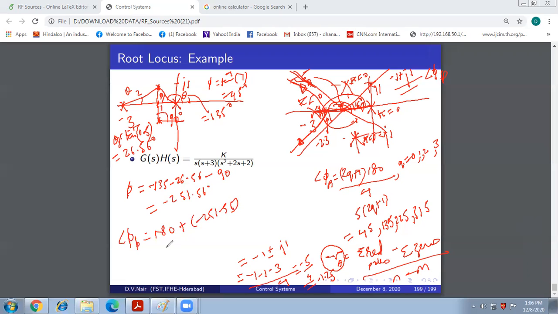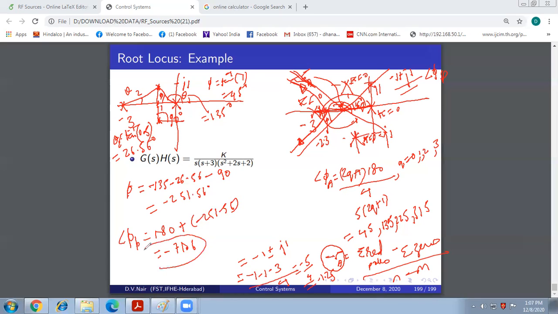I will try to write slowly. When you sum it up, it comes out to be minus 71.6, something like that.